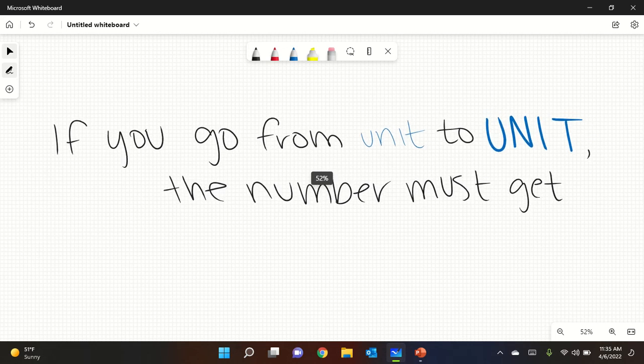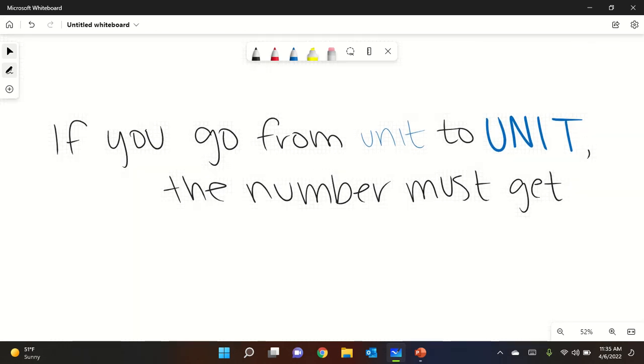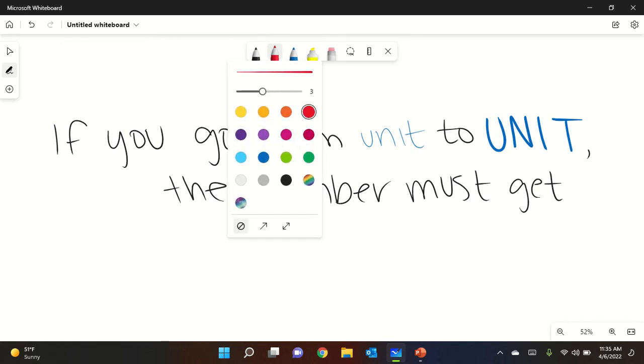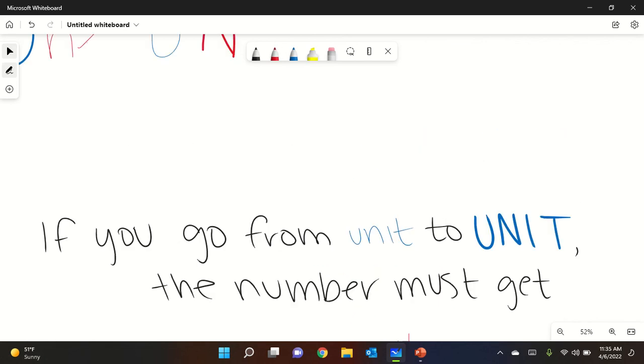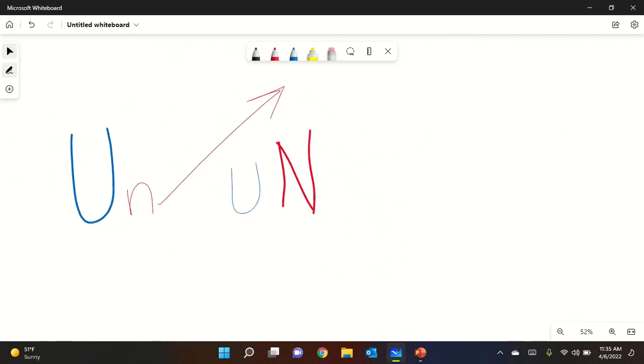If you go from a small unit to a large unit, answer this question for yourself. The number must get what? Larger or smaller? It must get smaller. Let's look back at this page here.